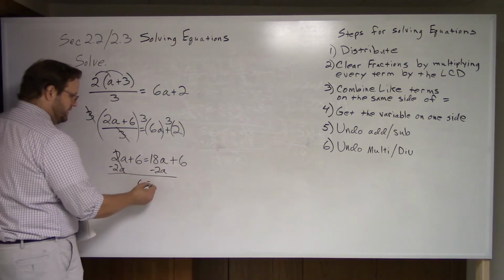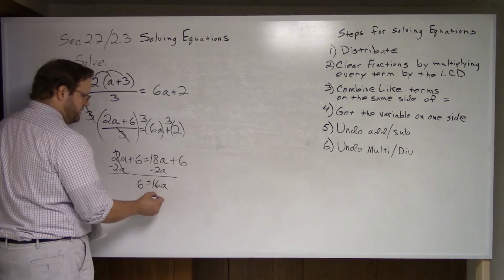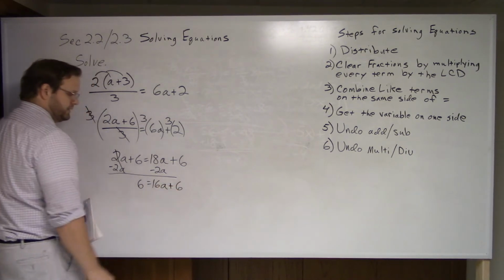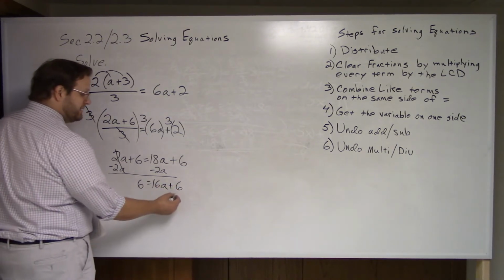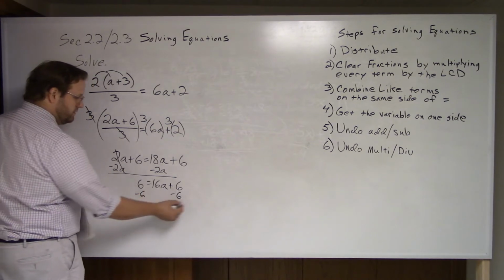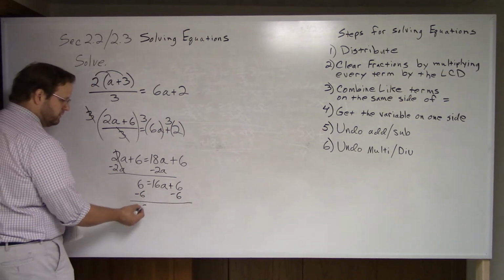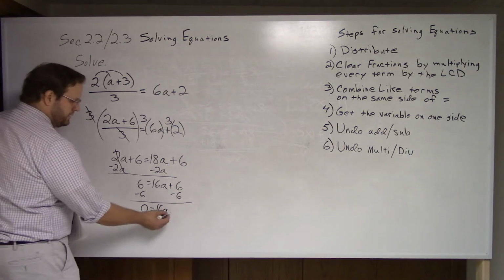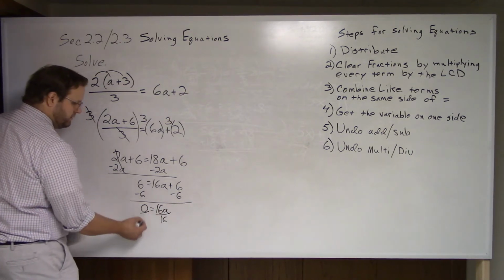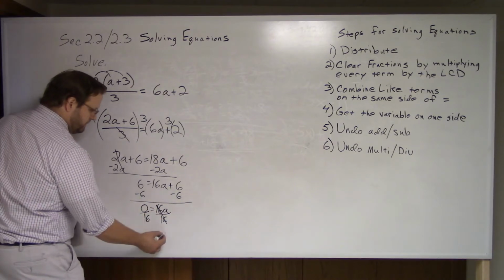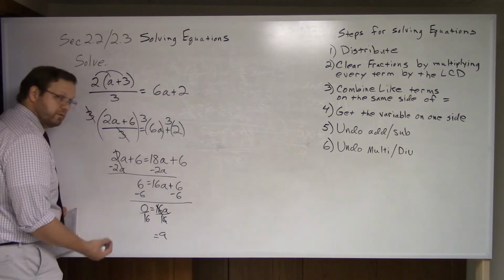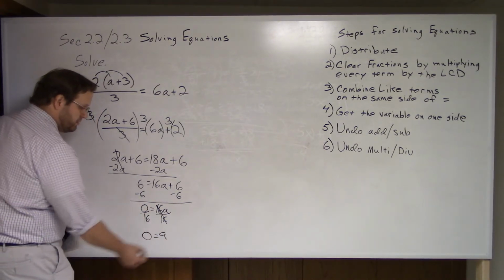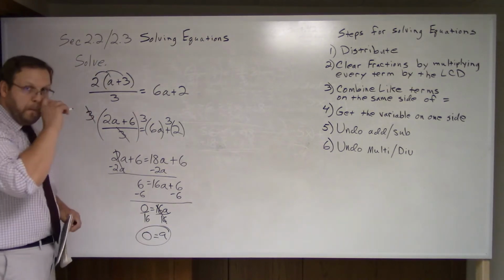Get 6 equals 16a plus 6. I can subtract a 6. Undo that addition. And then divide by 16. And 0 divided by anything, that's just a 0, and we're good to go.